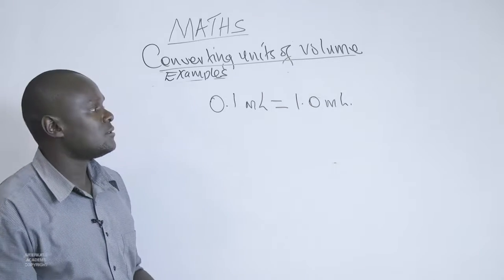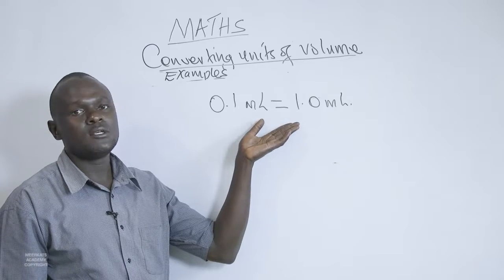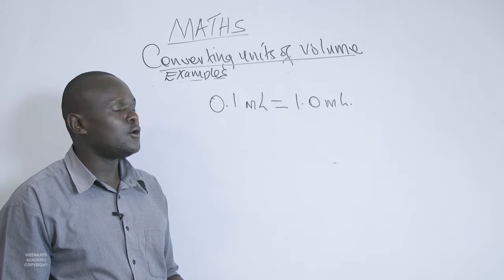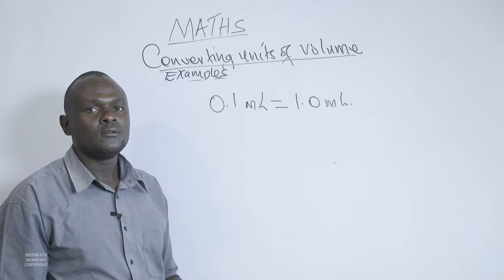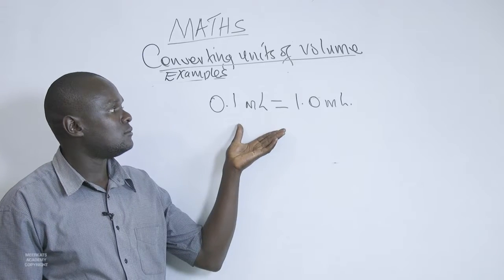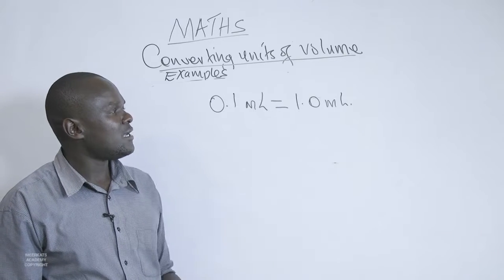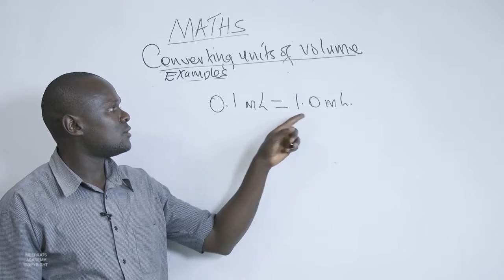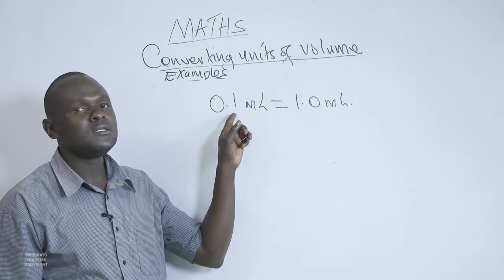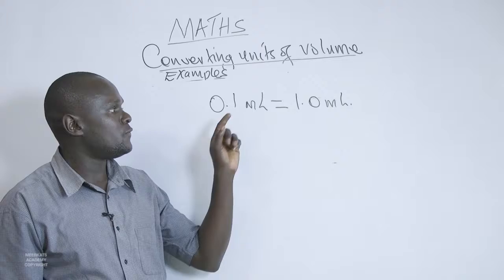You will discover that this is catastrophic because it is an overdose to the tune of 10 times, because to get this, we multiply by 10.